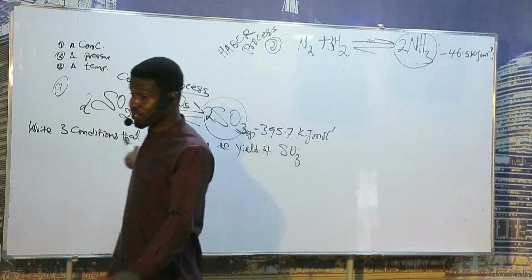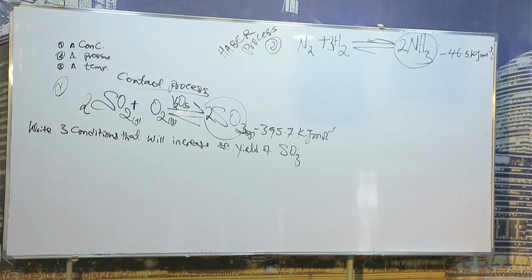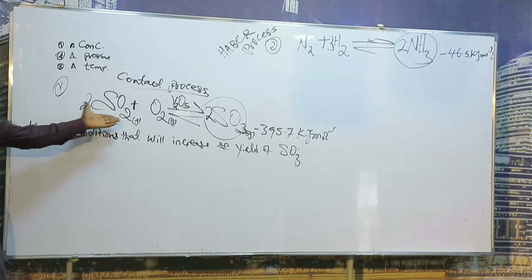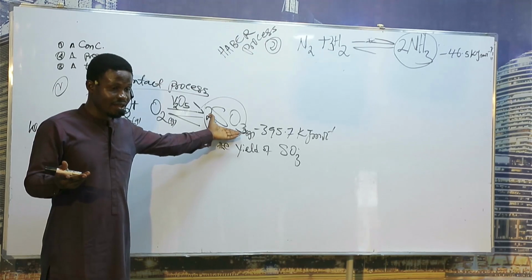Have you seen the two reactions? Okay, let's analyze this. Are we together? Are you with me? We wrote two reactions. Number one is the contact process, where we have SO2 reacting with air to get SO3.